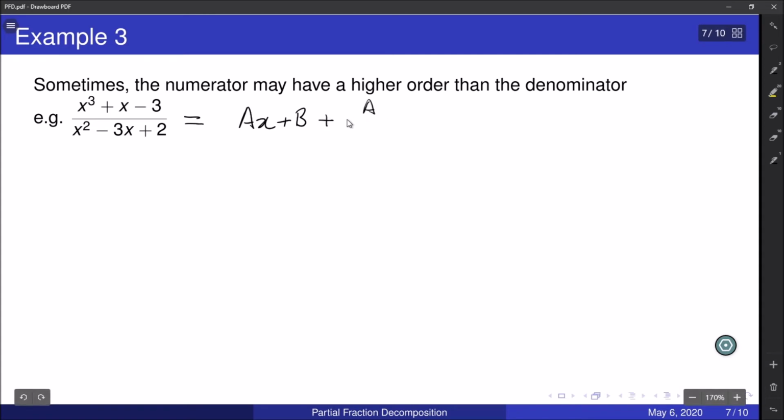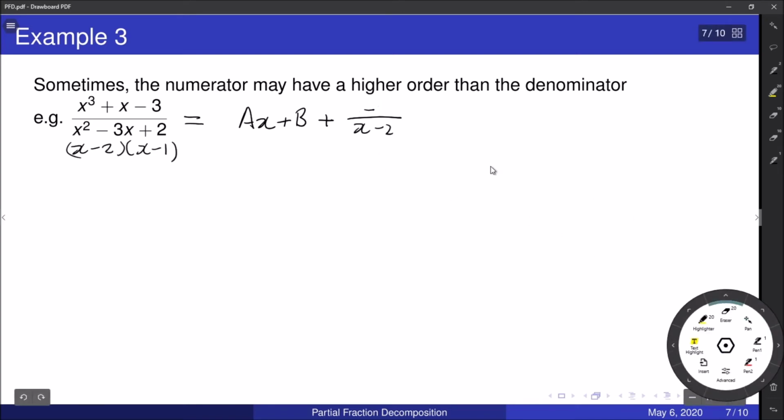So it's a over x minus 2 and x minus 1. Sorry, this should be a third term. It's not a, it's c. So c over x minus 2 plus d over x minus 1.